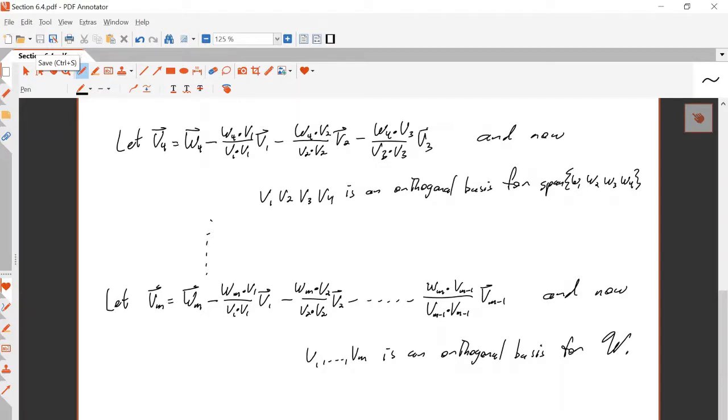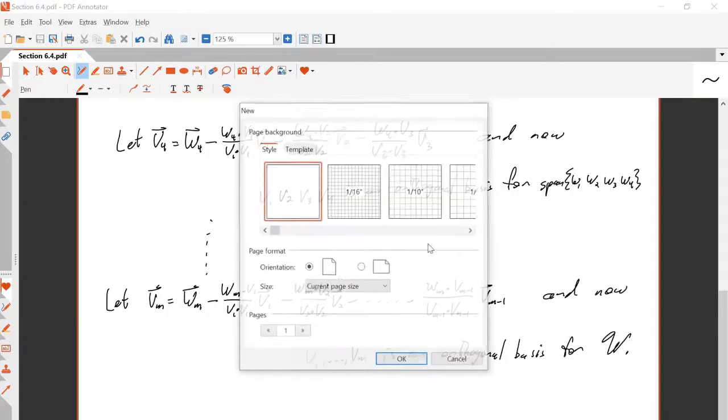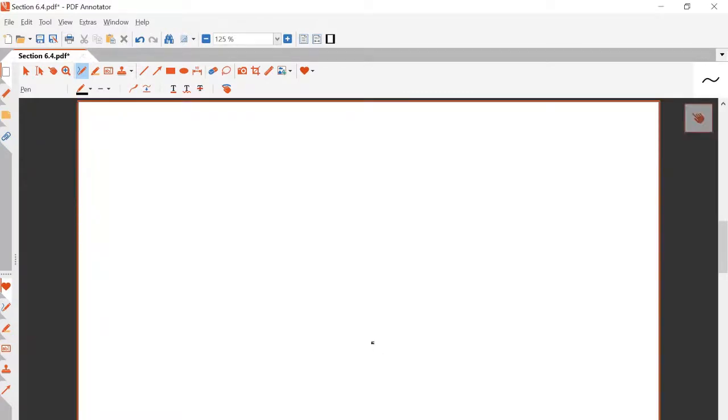Let's do a proof of this. Not for general m, but let's just do, say, m equal to 3, just so you can see how it goes, because it is kind of interesting how it works out. So proof.